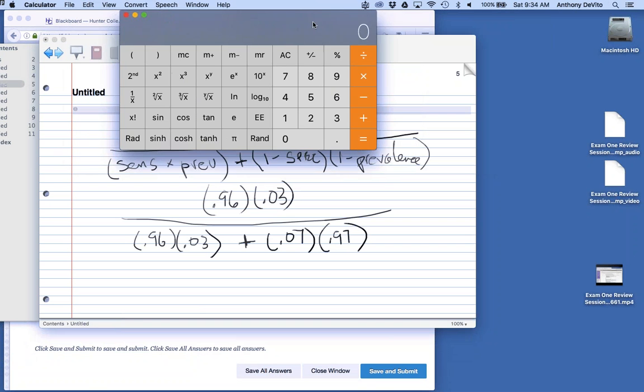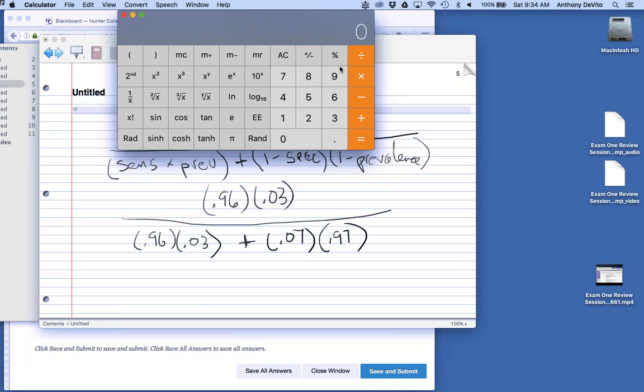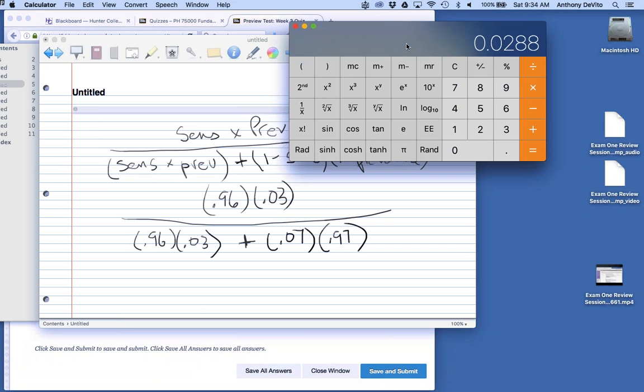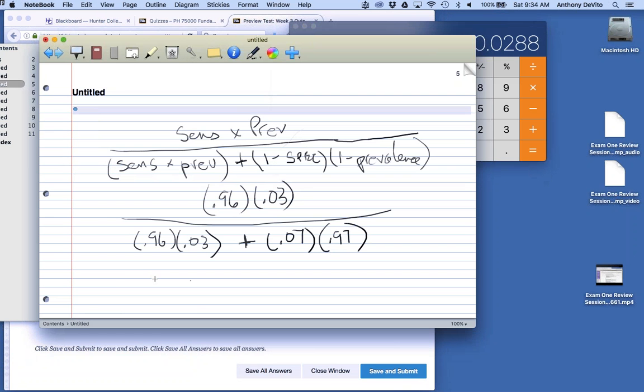Let's see, 0.96. I'm going to do this in 3 steps. Times 0.03 comes out to be 0.0288. Then 0.0288 divided by 0.0288 plus, and let's figure out what this second part is.